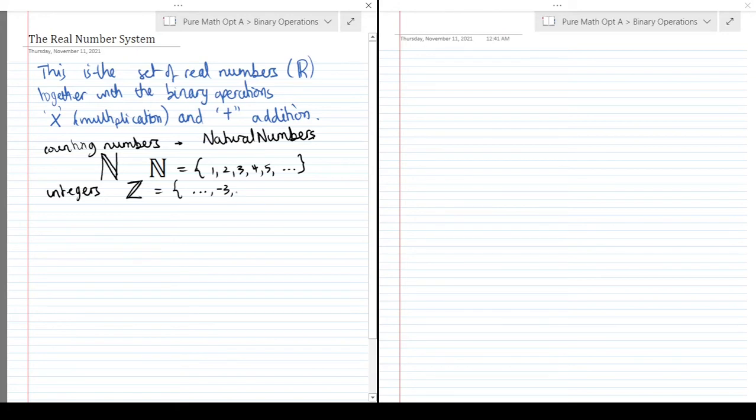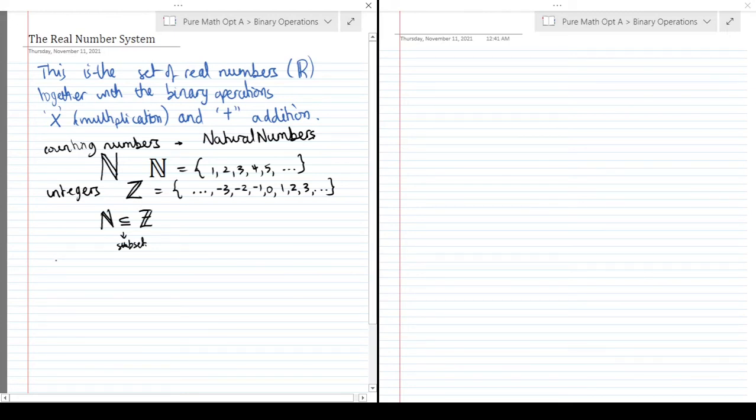So it has these so-called negative whole numbers, 0, and then the natural numbers included in the set of integers as well, right? So the natural numbers is a subset of the set of integers, right? That is your subset symbol, right? Good. So you have the integers, right?